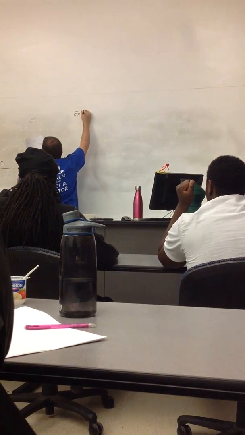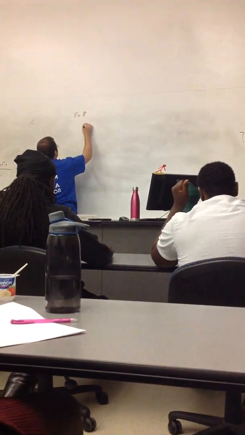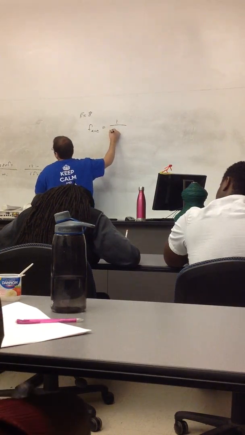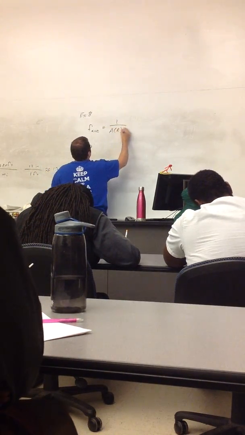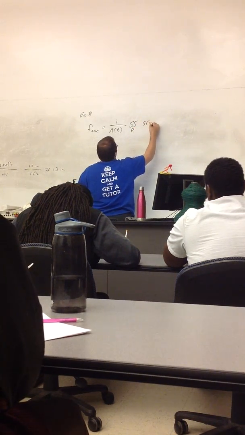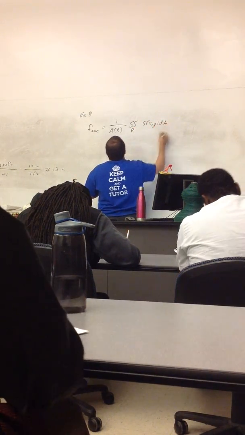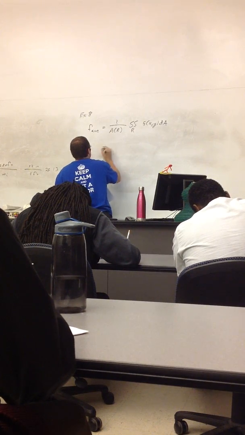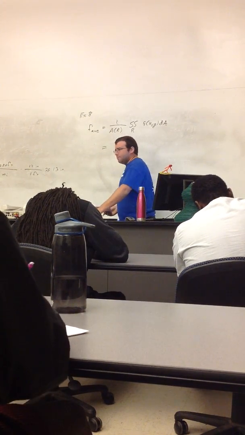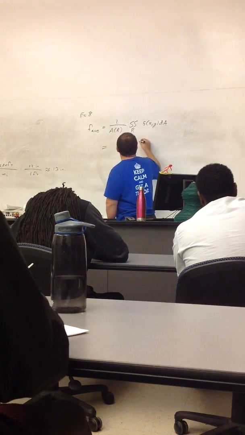Let's look at example 2. So 1 over the area of the region, times the double integral over the region of f(x, y) dA. In example 2, we found the double integral was equal to what? 48.